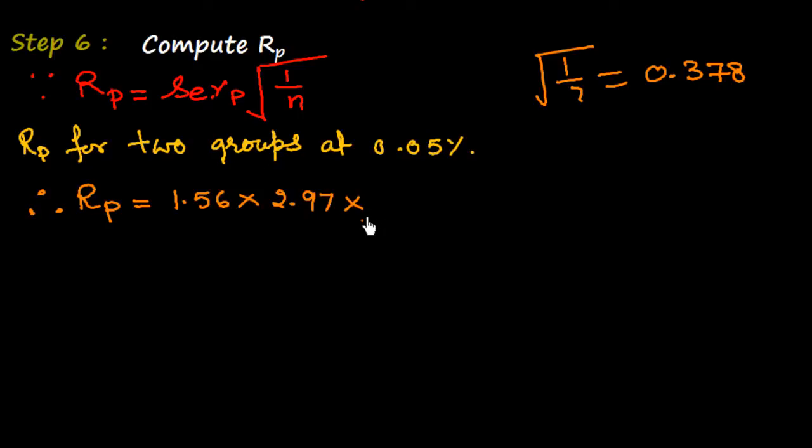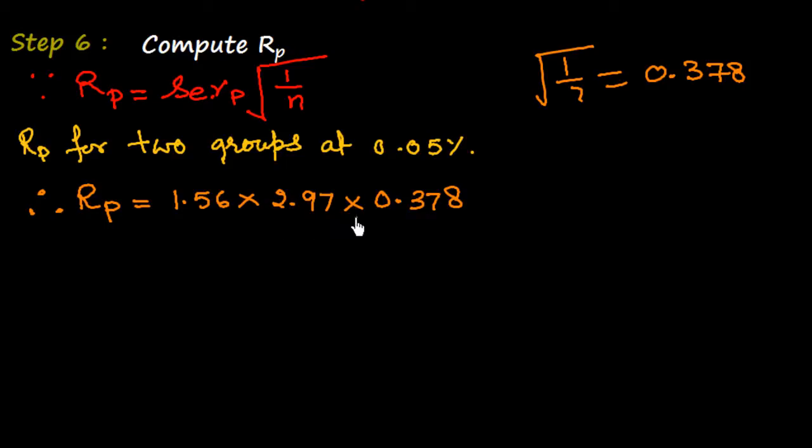We write it down here. This would be common in all the RPs. So these figures, 1.56 and 0.378, we take common in all observations, and the table value changes according to the level of significance, 5% or 1%, or according to the group, 2 groups or 3 groups.